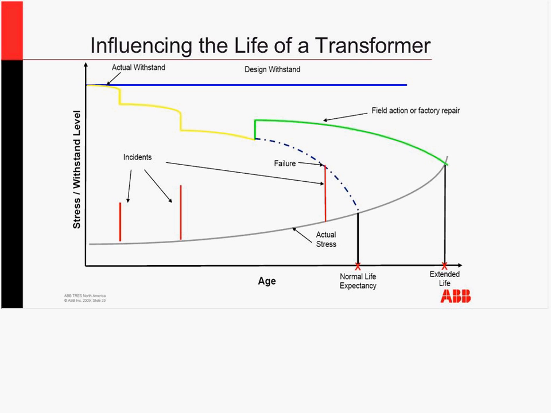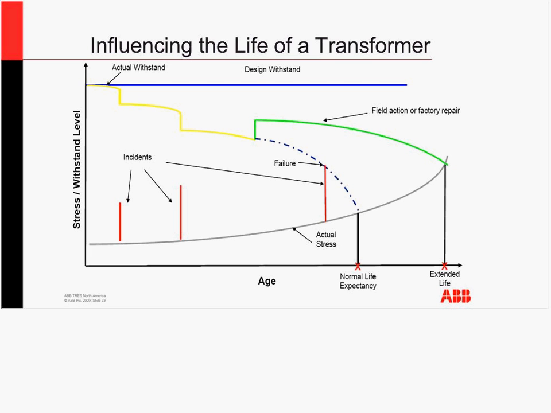So you can see if you follow this yellow curve down, we reach an impasse where it turns from blue dotted to green. If we never do any maintenance or assessment of the insulation's health, so that we know what kind of condition it's in and what type of maintenance it might need, then you could imagine that this yellow curve is going to continue to follow the blue line, and eventually it'll intersect with the gray curve at the bottom that represents dielectric stress.